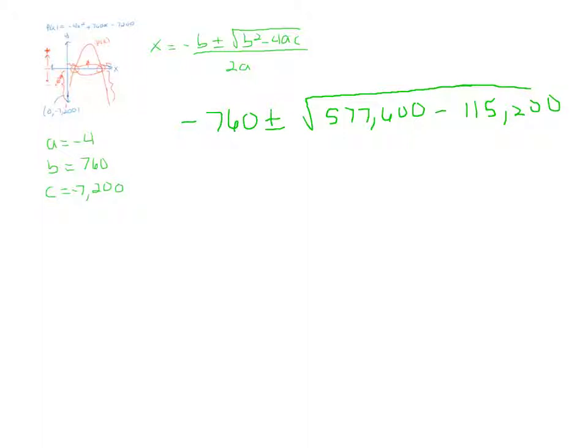If I subtract those two, 577,600 minus 115,200, we get, oh, and don't forget to divide this by 2 times negative 4, which is negative 8.